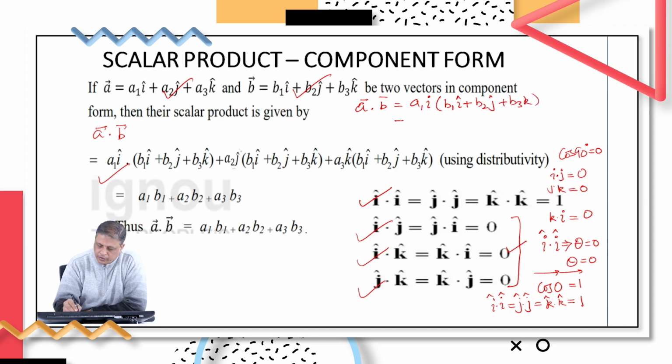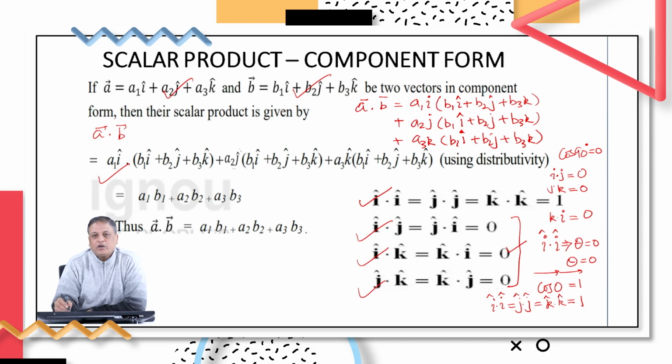Similarly, a2 j into (b1 i plus b2 j plus b3 k), and similarly, a3 k into (b1 i plus b2 j plus b3 k). So we multiplied each component of vector A with the vector B, and we got this expression.